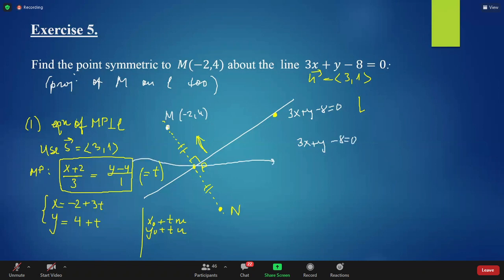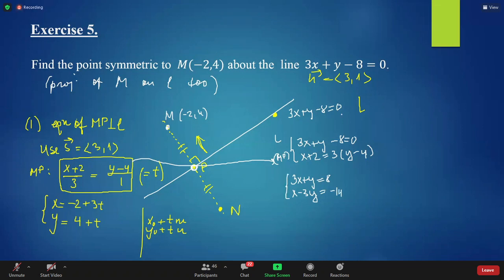So I will just cross multiply, and I will have x plus 2 times 1 equals 3 times y minus 4. So this is the line L, and this is the line MP. And if I solve this system, I will find the coordinates of P, the projection. Because it's the intersection point, of course, of the given line and the perpendicular line. So 3x plus y equals 8, x minus 3y equals minus 12 minus 2, which is minus 14.